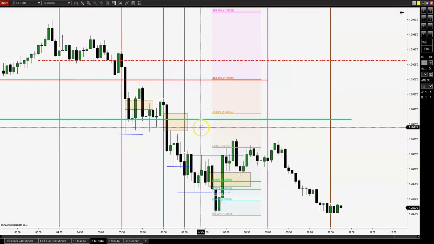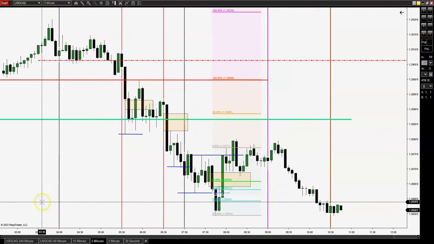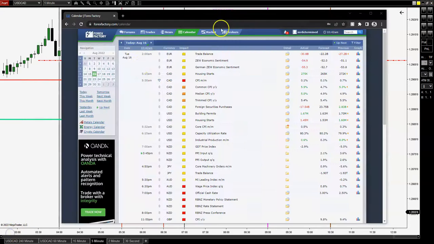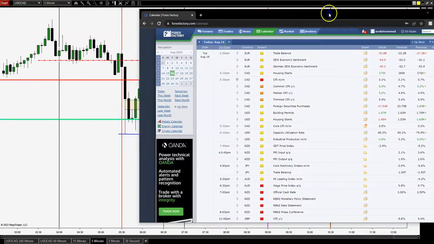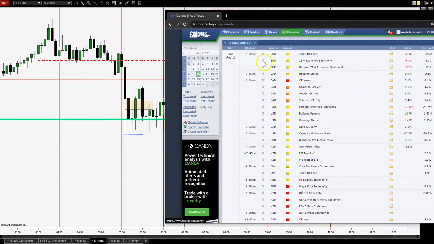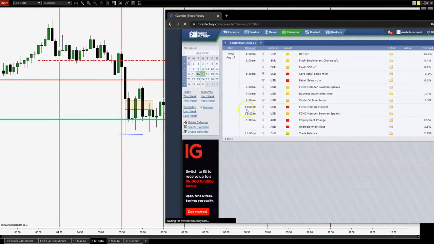The red and orange news I'm talking about, I can give you an example here. Give me a moment. I just wanted to pull up my forex.com calendar. So these are typical normal news. Tomorrow is Wednesday, and there are, for example, FOMC meetings.